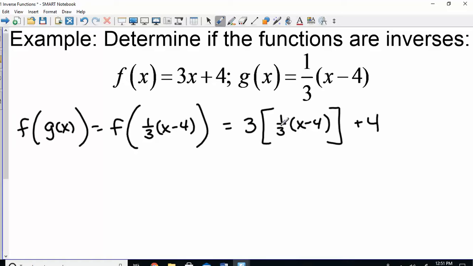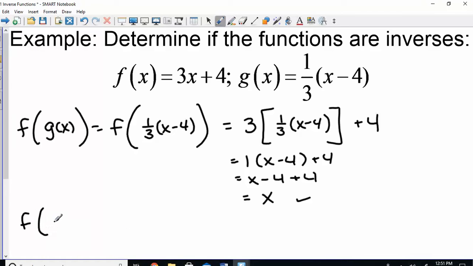If you distribute 3 times 1/3, it's just a 1. So then you get X minus 4 plus 4, which is X. So that way it worked. Can I stop? No. Check the other way.